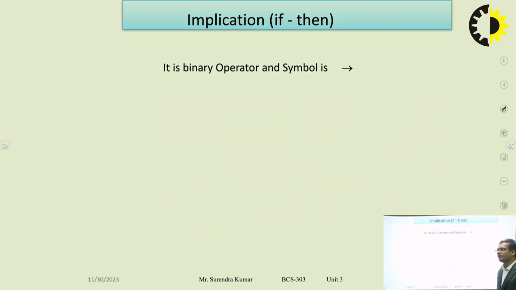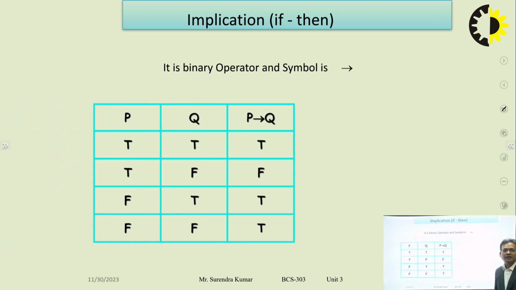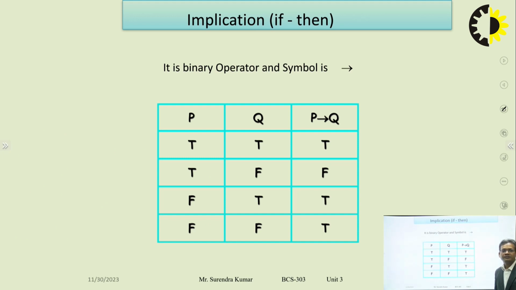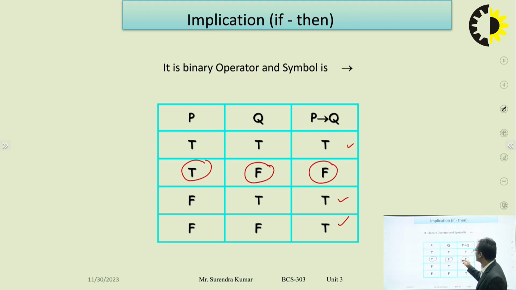Implication, the if-then condition that you saw earlier. It is a binary operator again, and here it will be true for all except when P, the first proposition, is true and the second is false. So this is the special condition. If P is true and Q is false, then only it will be false.